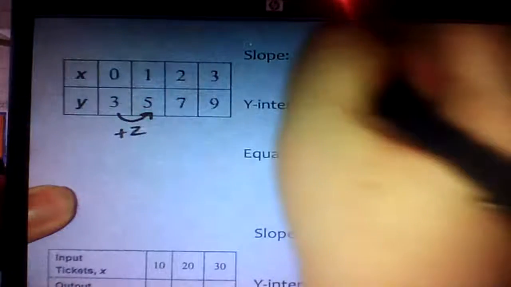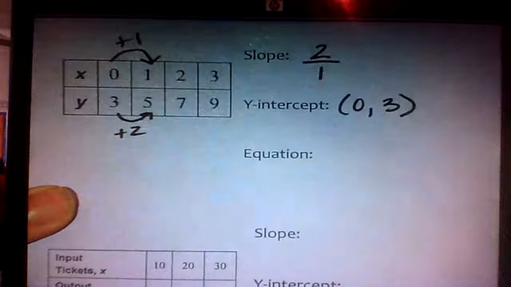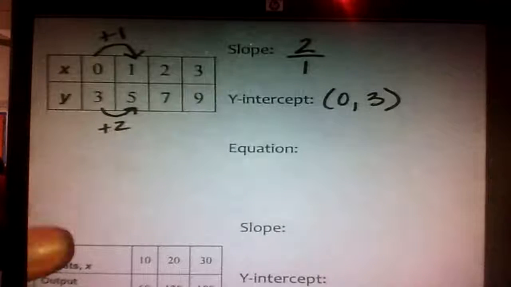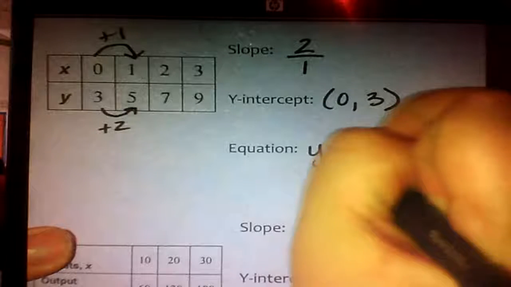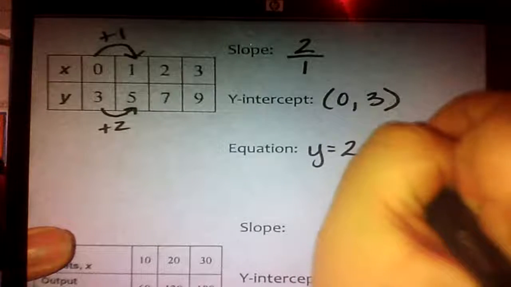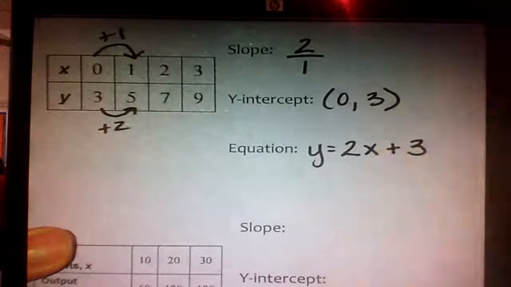Remember, it's change in y, so it's 2 over change in x, which is 1. So my equation is y equals 2x plus 3.